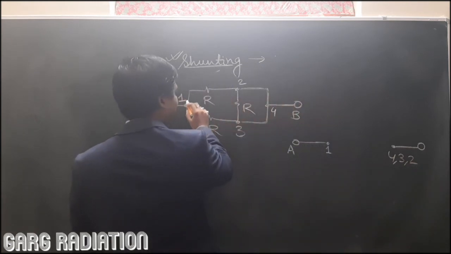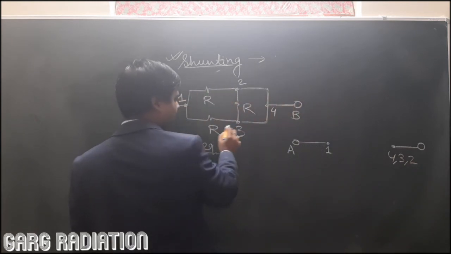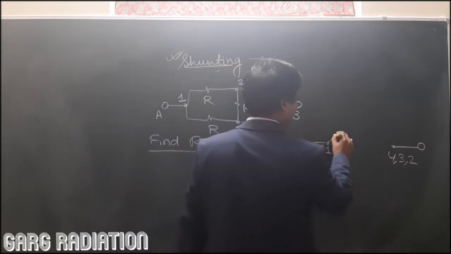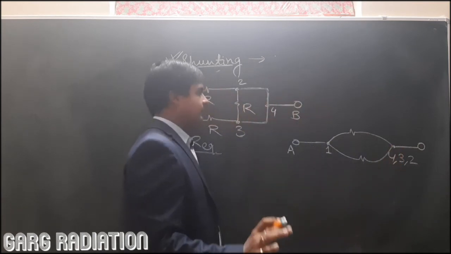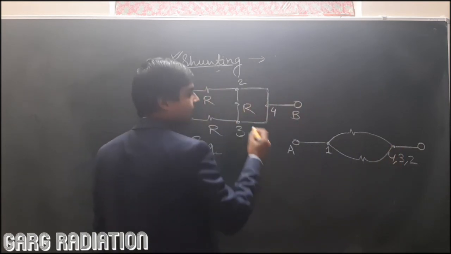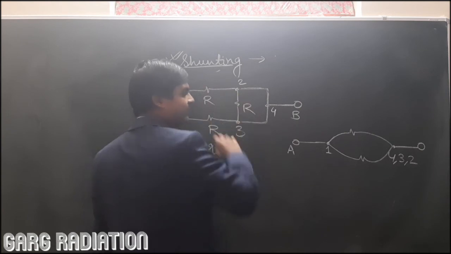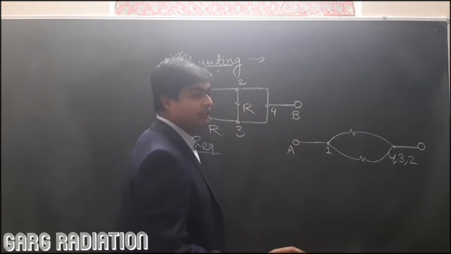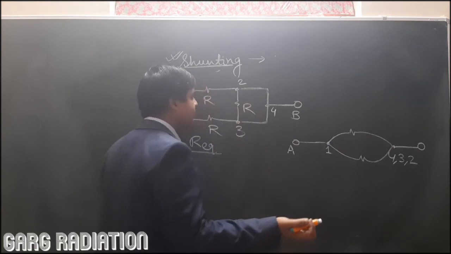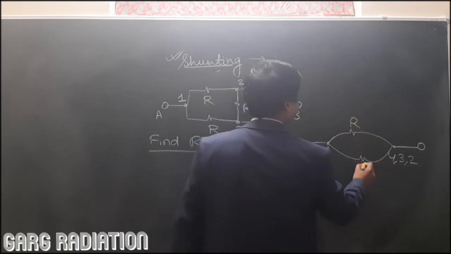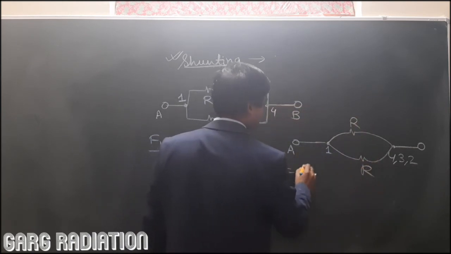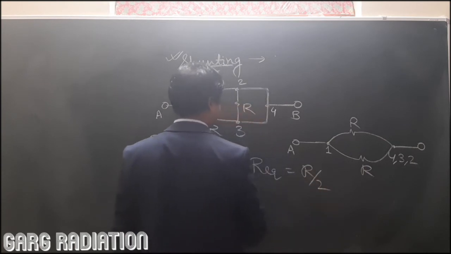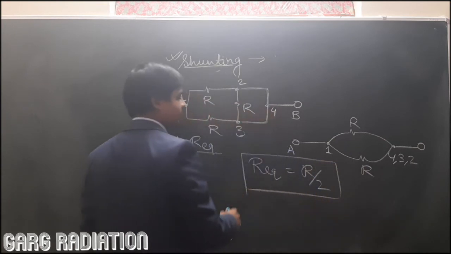We have to send one resistance from 1 to 2 and one from 1 to 3. So 1 to 2, one resistance and 1 to 3 other resistance. That's it. 2 and 3 become identical. There is one direct resistance between them. It vanishes out of the circuit. So we have simply 2 resistances in parallel and hence R equivalent comes out to be R by 2. That's it. Please copy.